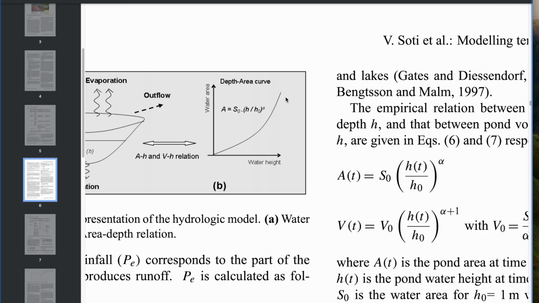Unless your channel is eroded, or there has been a massive flood, or depending on your Manning's roughness coefficient, most of the ponds, most of the streams follow this logarithmic relation between the water height and the area.